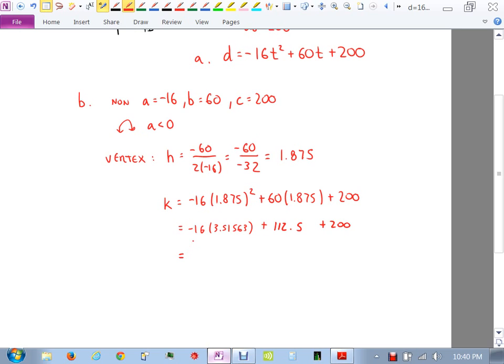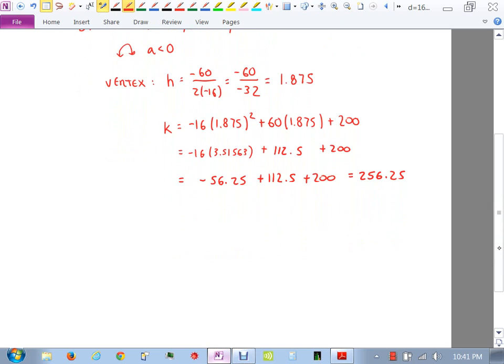Negative 16 times 3.51563 gives negative 56.25, plus 112.5 plus 200. Adding all those together, somewhere around 256.25.